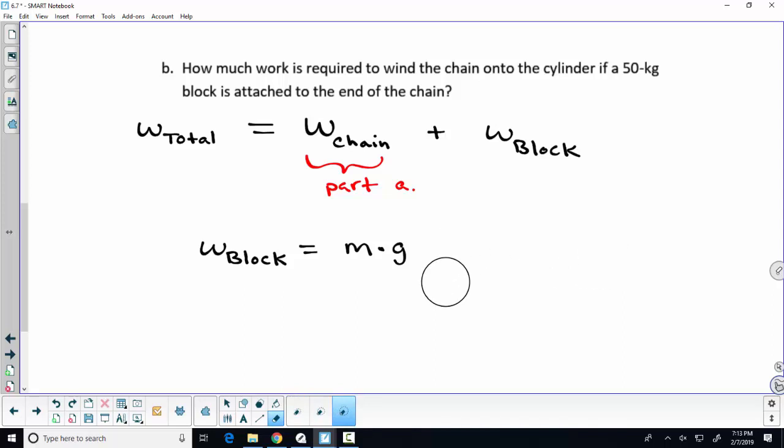So maybe we'll come back to this. I mean, nothing really varies here. If I've got a block attached to the chain, that block is like this point on the chain that's just being raised up, right?